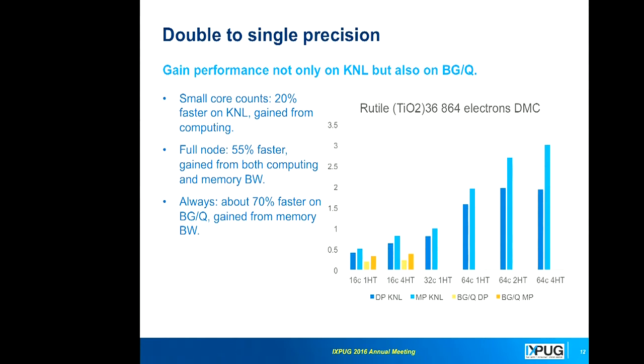But there's the memory bandwidth benefit you can always get from it. We expect that when we do better vectorization, this benefit will be even larger. If you compare at 4 nodes, you will see about 50% faster code. Clearly, the memory bandwidth is playing a role there.